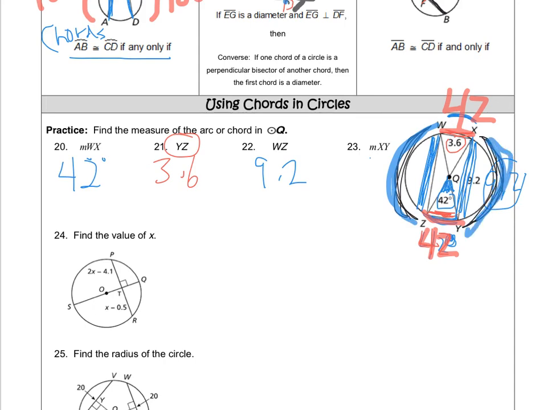Well, let's add the two measures that we know. Right now we have 42 and 42, so we have 84 degrees being used with the two little arcs, right? I'm going to circle them in blue. And we also know that in a circle, the total is 360. Well, subtract the 84.